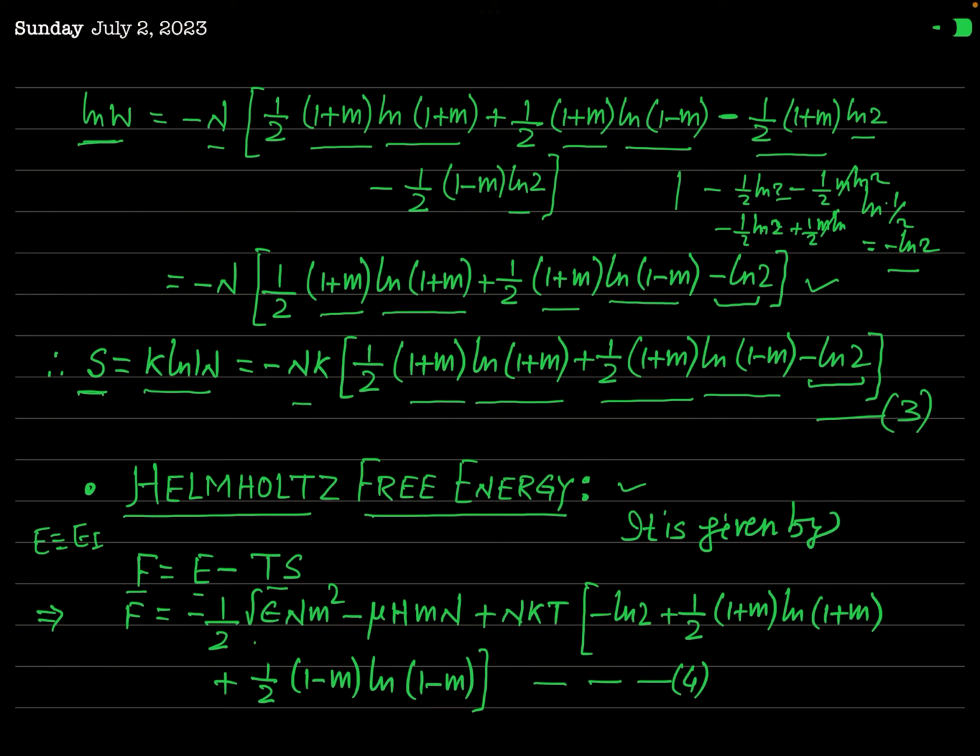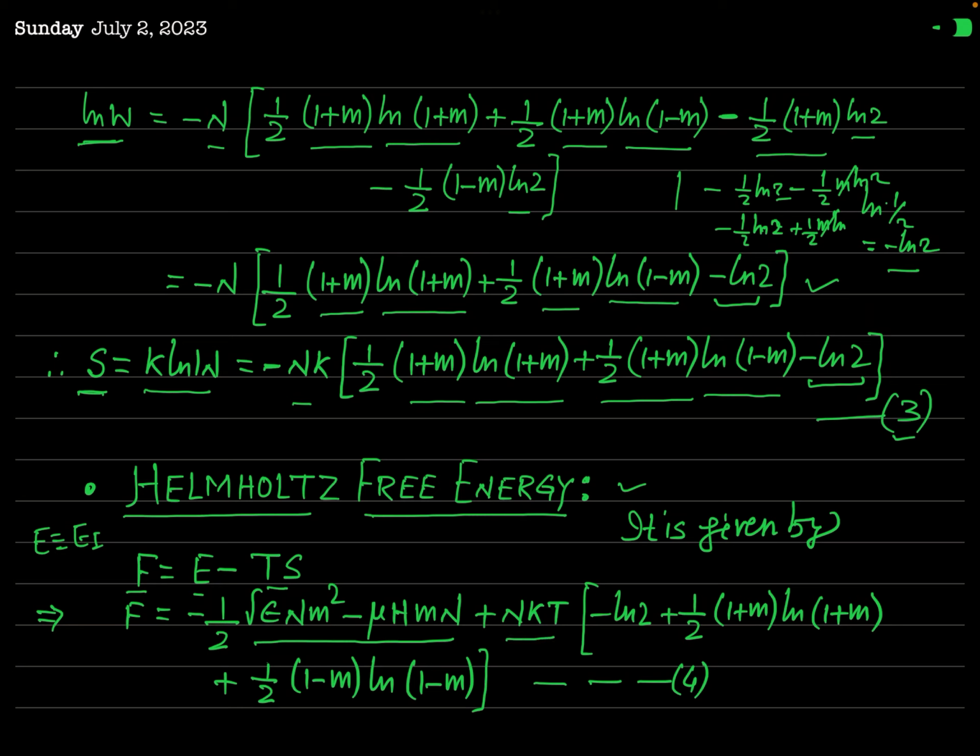This is the value of E I, and minus T S, where S is defined in equation 3. So we will simply multiply equation 3 by T. Since this is minus, but already there is a minus sign here, this will become plus.